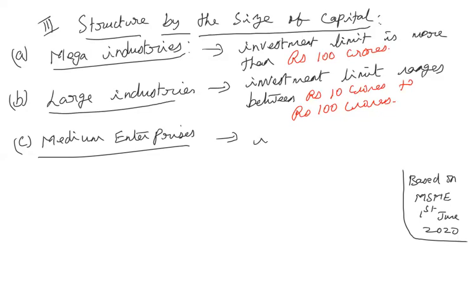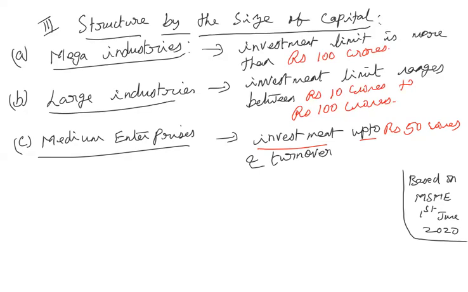Okay. So investment on plant and machinery up to rupees 50 crores. And turnover, what is their revenue, what is their sales volume, that turnover should be under rupees 250 crores.